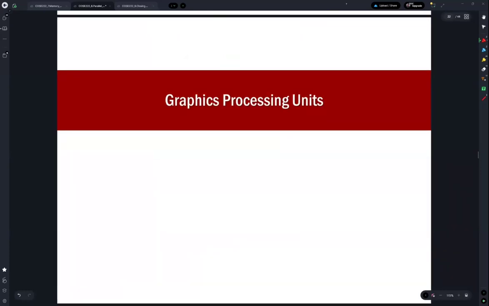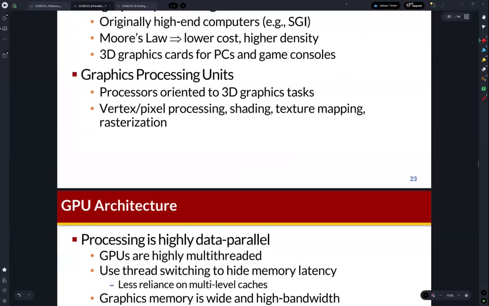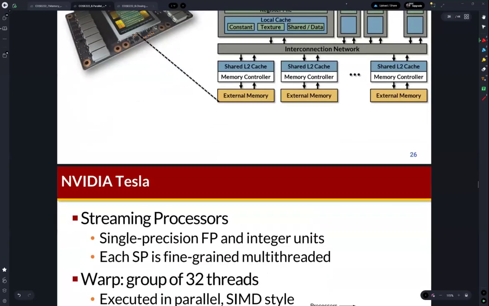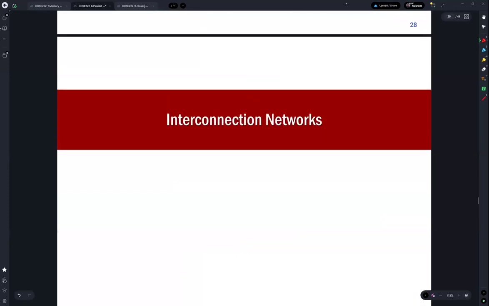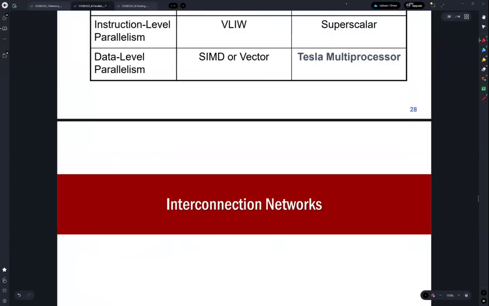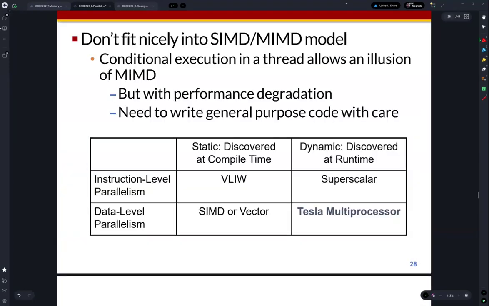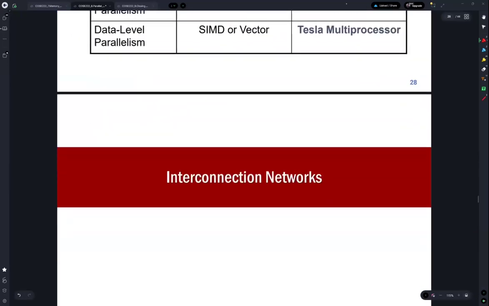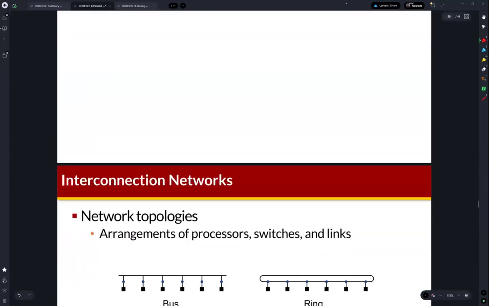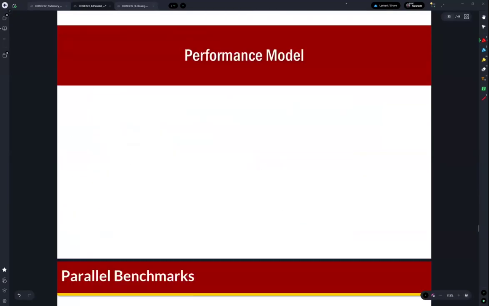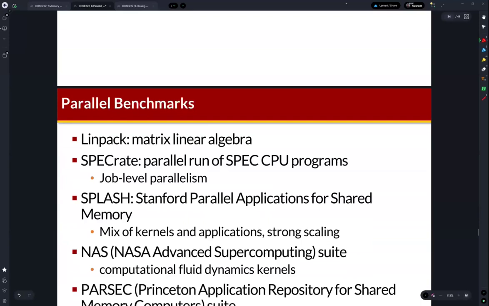For the GPU, I will skip this part. If you are interested, you can take the GPU course at the graduate level. GPUs are very popular recently because of AI applications, right?